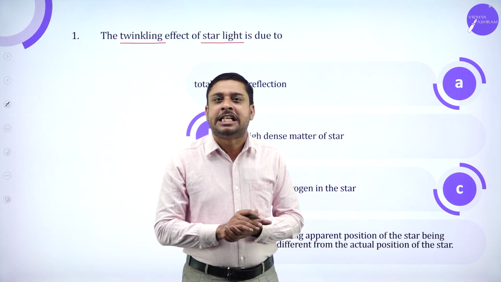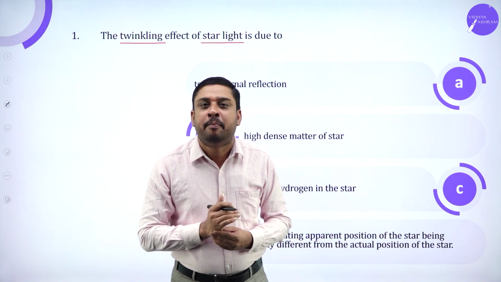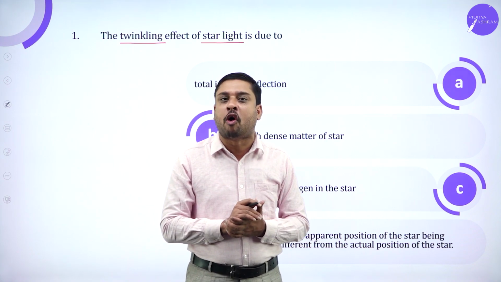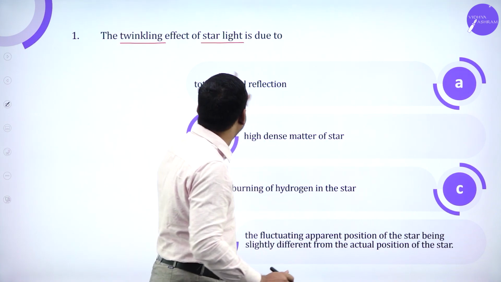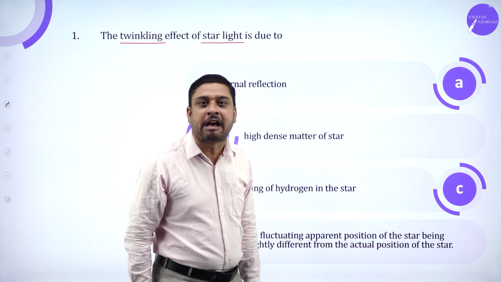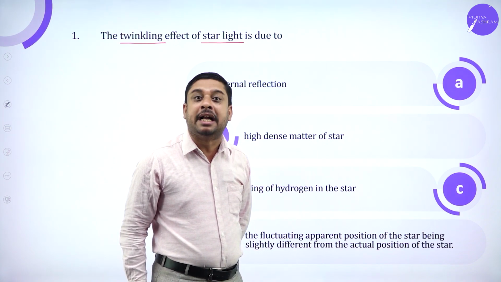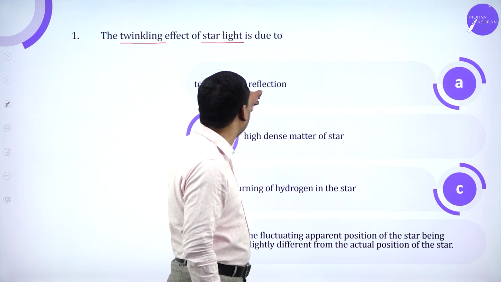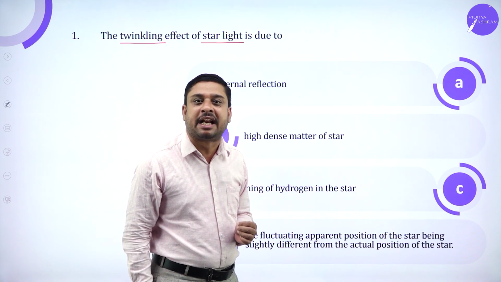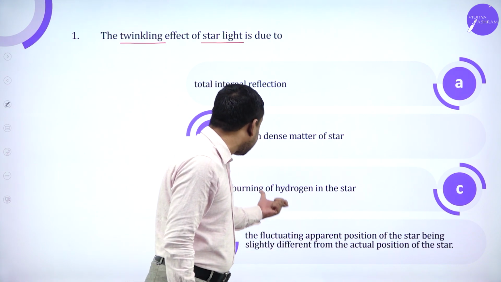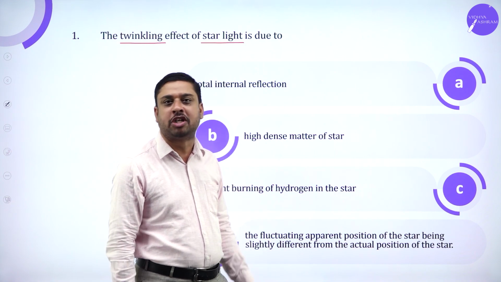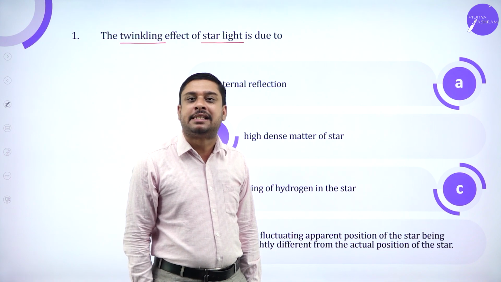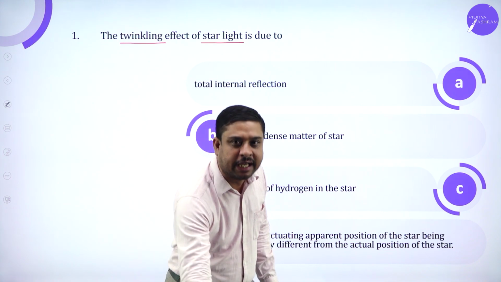Hence, there is fluctuation between the real position and apparent position of the star, which causes the twinkling of stars. This also happens partially due to total internal reflection, but the exact answer is the fourth option, as it is displaced from its actual position.